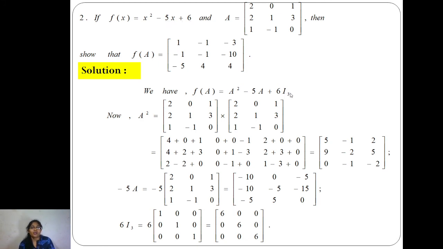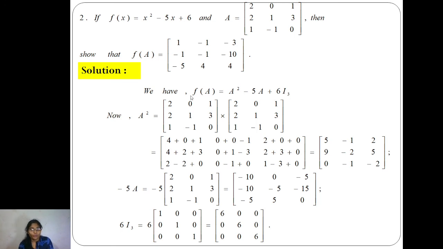I3 means I3 because আমরা লেফট হ্যান্ড সাইডে একটা ম্যাট্রিক্স পেয়েছি, তো রাইট হ্যান্ড সাইডে একটা কনস্ট্যান্ট থাকলে আমরা দুদিকে ইকুয়াল সাইনের লেফট হ্যান্ড সাইড আর রাইট হ্যান্ড সাইডে আমরা ম্যাট্রিক্স আকারে আনবো। সো লেফট হ্যান্ড সাইডে যদি একটা ম্যাট্রিক্স থাকে তো রাইট হ্যান্ড সাইডেও ম্যাট্রিক্স থাকতে হবে। তো A square is the matrix, 5A is the matrix, but 6, only 6 is a scalar, but 6 into I3 means identity matrix of order 3. 6 into I3 is the matrix, only 6 is the scalar, so this does not exist.